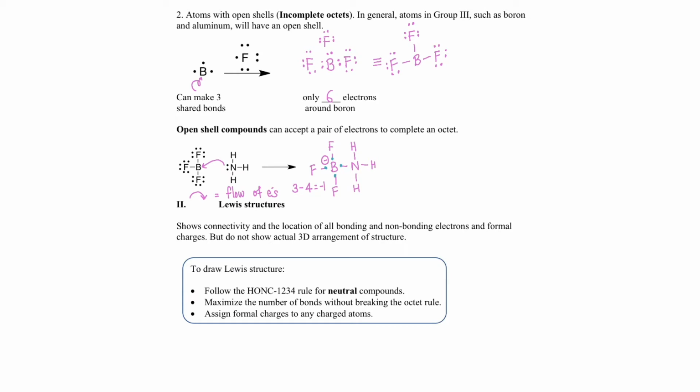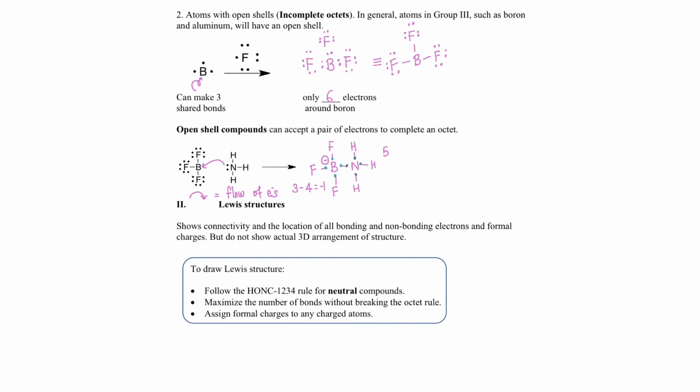And we started out with 2 neutral compounds, meaning that in the product, it should still add up to being neutral. So we need to take a look at that nitrogen. Neutral nitrogen has 5 valence electrons. And here we have 4 valence electrons.